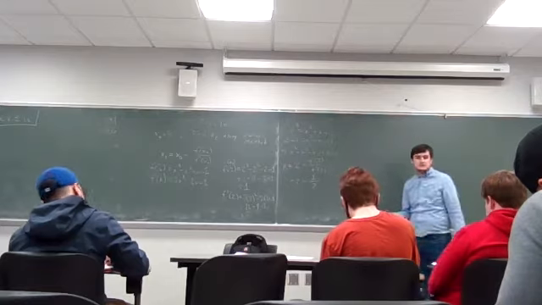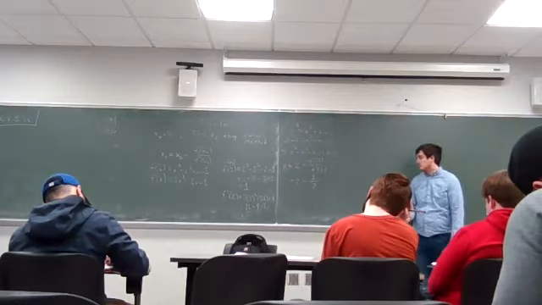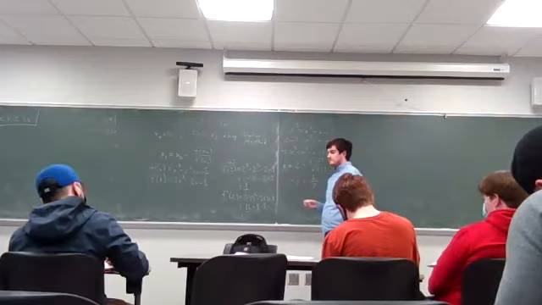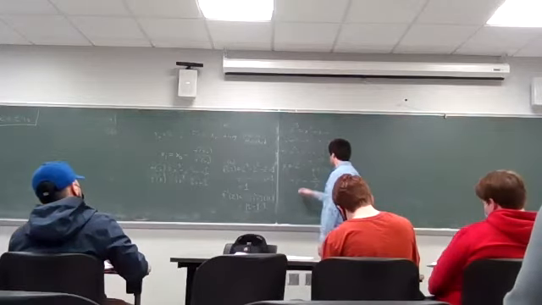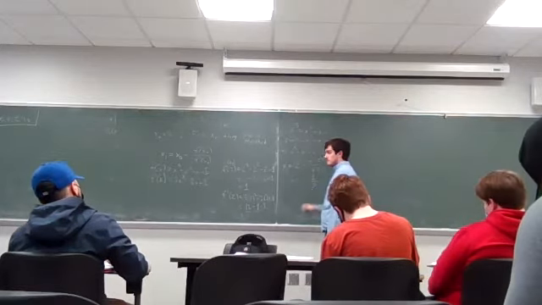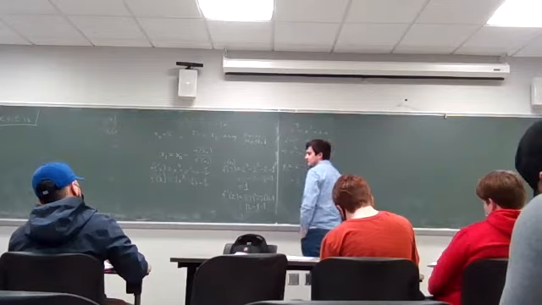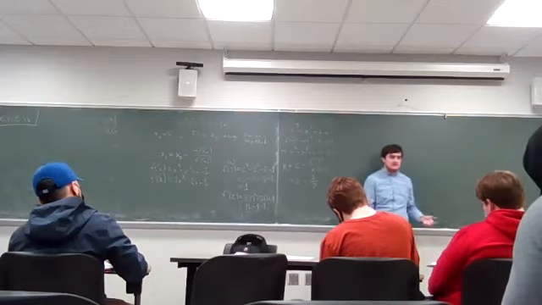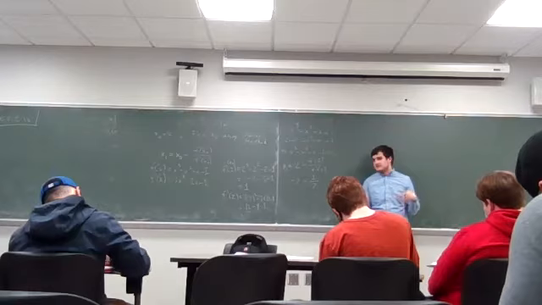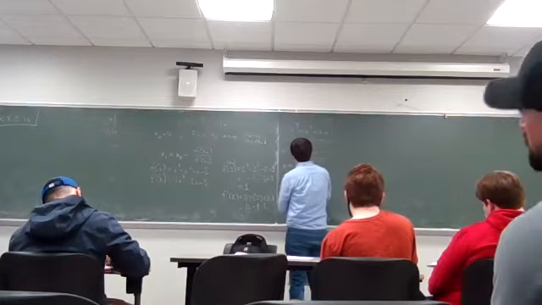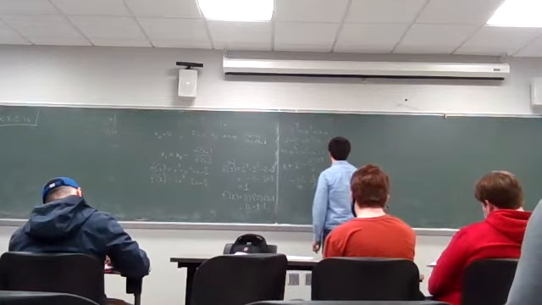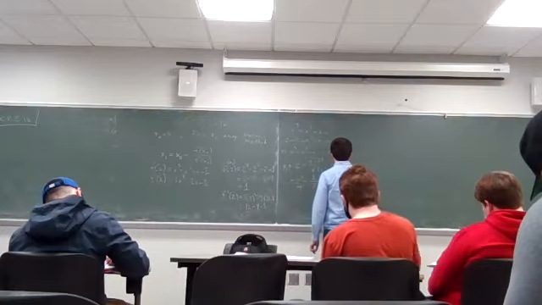So how would I write this as one fraction? We need a common denominator, right? I can't combine two different fractions without the same denominator. So I multiply 7 over 7 for that number, and I get 14 over 7 minus 1 over 7.